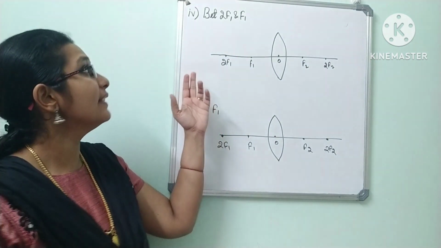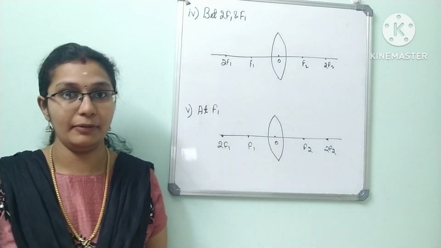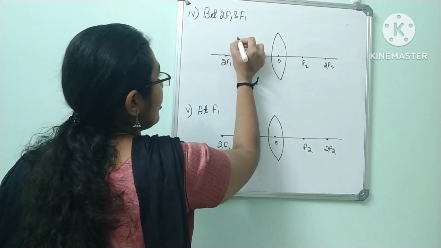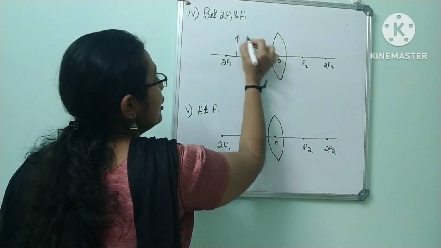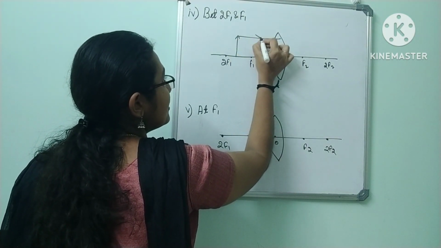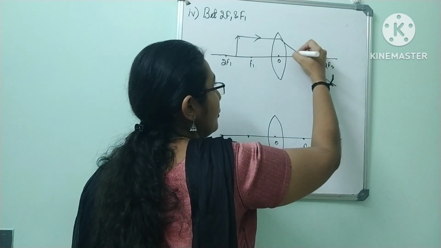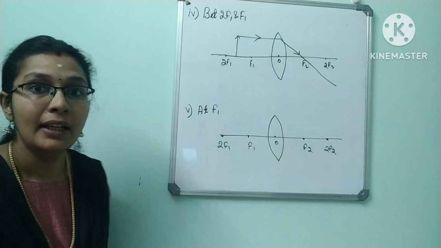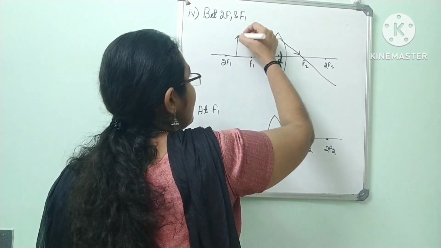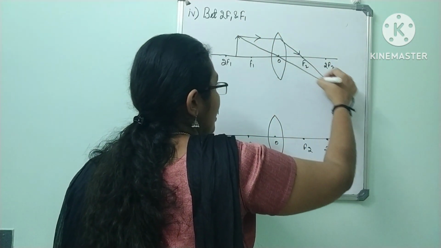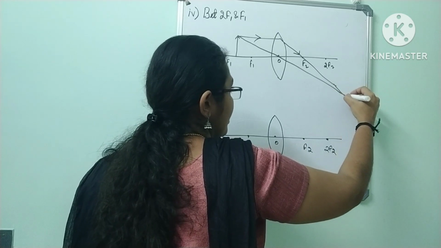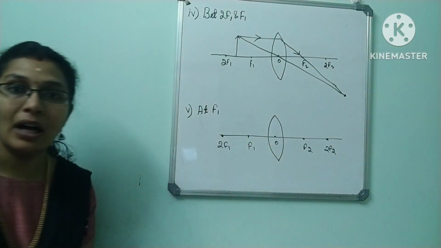The next case is between 2F1 and F1. You will place an object here. A ray parallel to the principal axis, after refraction, passes through the focus on the other side. Similarly, a ray passing through the optic center will go undeviated.